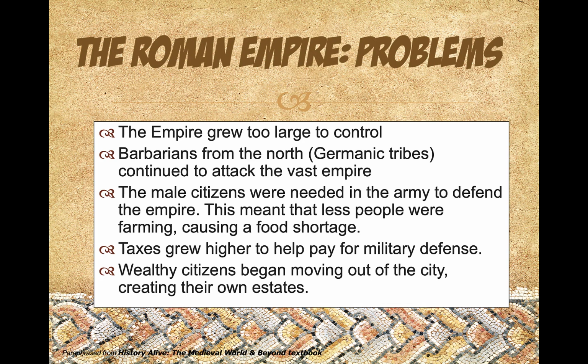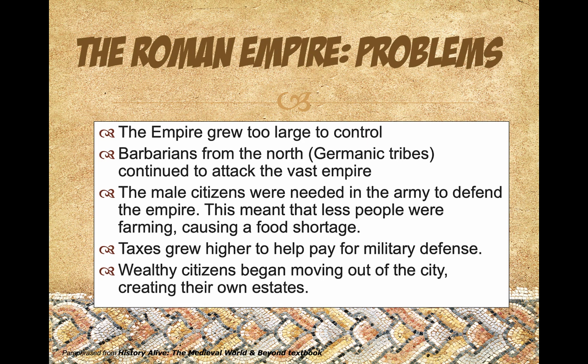The first thing, even though it had been grand and it was amazing, if you ever have seen anything on the Roman Empire, you know that they were just the grandest of empires, one of them anyway. But the empire grew way too large to control. They had amassed so much land that they could barely keep control of it. They couldn't guard it. They couldn't protect the land that they had. It was just too big.